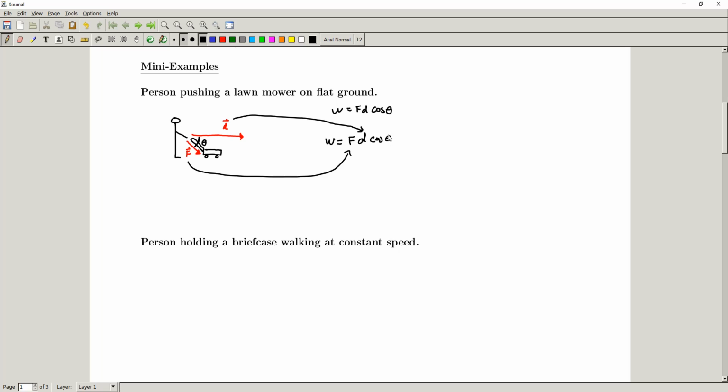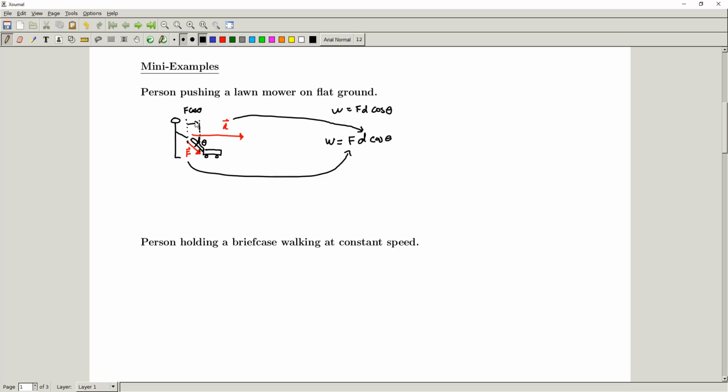Okay, and what are we really doing when we're taking the cosine of the angle between them? We're projecting F. Basically what we're getting is the component of F that points in the direction of D. Right? This part here is F cos theta. Right? So that's the part of F that points in the direction of D.